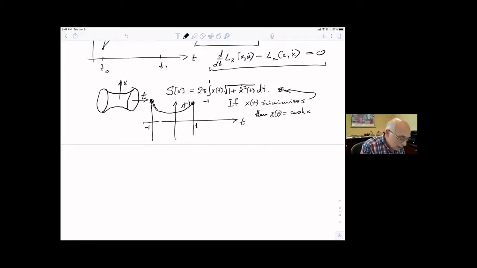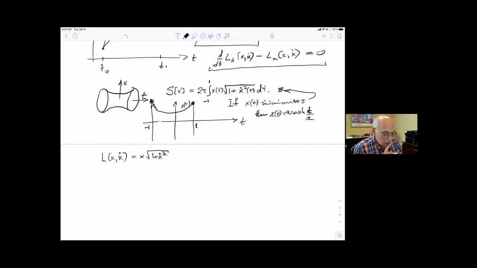Remember, you see our function L, so in this case, L of x and x dot is just x multiplied by the square root of 1 plus the derivative squared. They're asking if there is no hyperbolic cosine of t, maybe, yes? I'm sorry, of t, thank you so much, yes. Hyperbolic cosine of t, maybe t over a times a, so there is one free parameter.